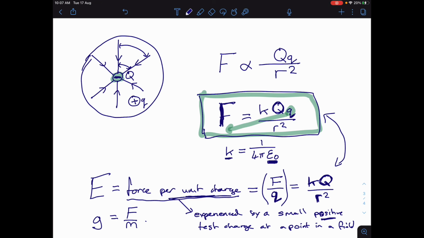The per unit charge is very important. And it works at any point in a particular electric field. The small and test charge just mean that it has negligible volume, so you don't have to worry about the charge being spread out over a volume. So the electric field strength is the force per unit charge experienced by a small positive test charge at a point in a field. Learn that.